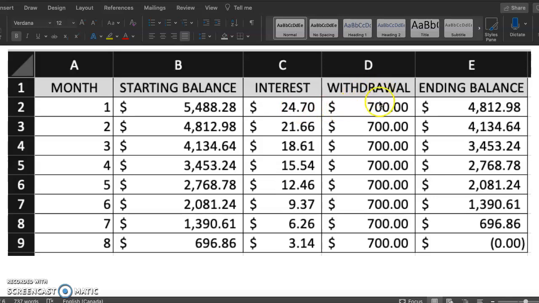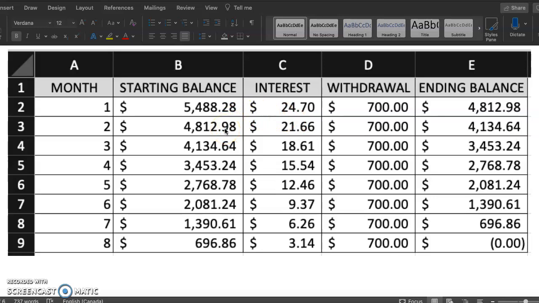Then I will withdraw $700 at the end of this first month, and the ending balance will be $4,812.98. So that is adding interest to our starting balance and subtracting our regular withdrawal. And our starting balance is the same as the ending balance from the previous period. The interest is calculated based on the amount that is still in the account.